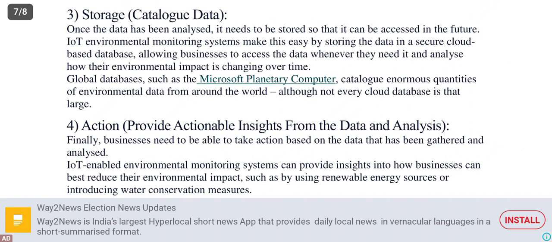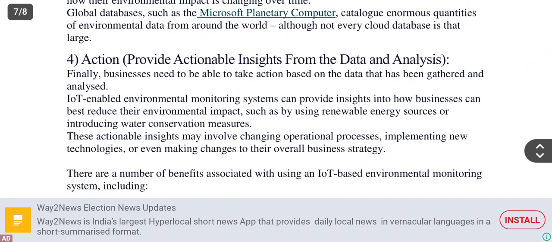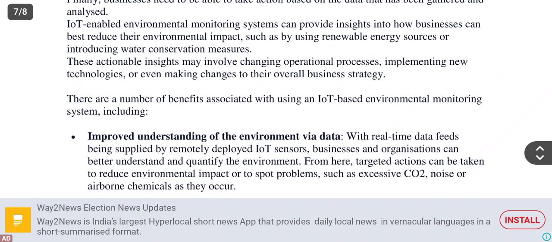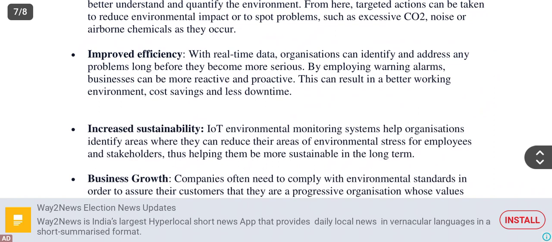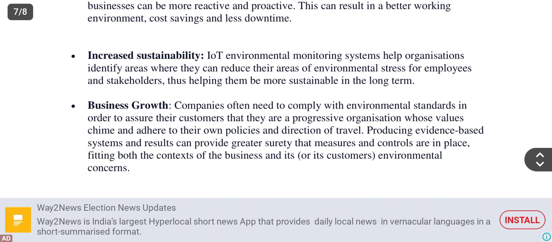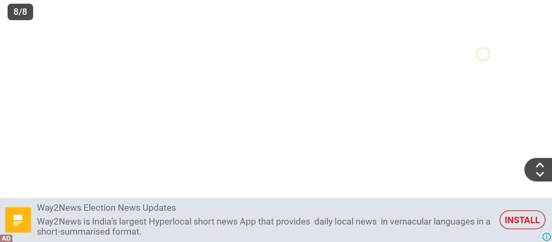The fourth one is action. We can provide actionable insights from the data and analysis. There are a variety of benefits associated with an IoT based environmental system: improved understanding of the environment through the data, improved efficiency, increased sustainability, business growth, etc.